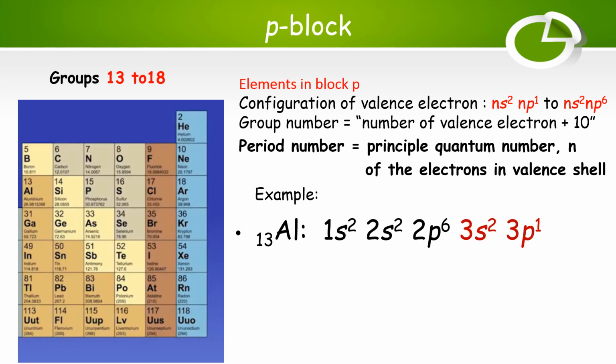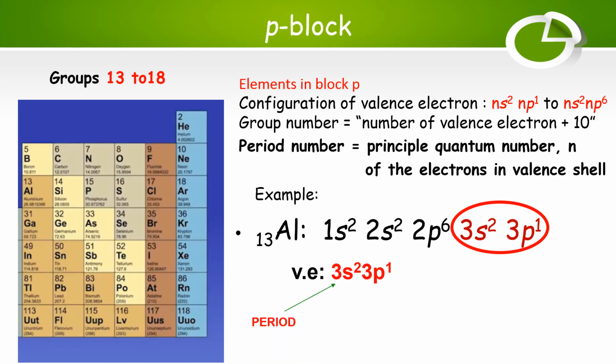For example, let's see, here we have aluminium. The proton number for aluminium is 13, so the configuration is 1s2, 2s2, 2p6, 3s2, 3p1. So 3s2, 3p1 is the valence electron configuration of aluminium.